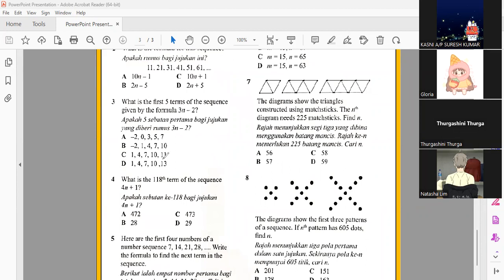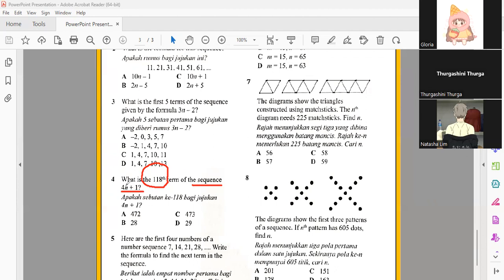Now, what is the 118th term of the sequence 4n plus 1? Girls, I think we can do this, isn't it? You have a calculator, correct? So your value of n is 118. 118 will times 4 and then you plus 1.